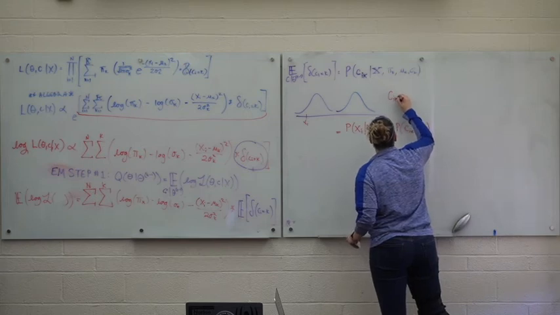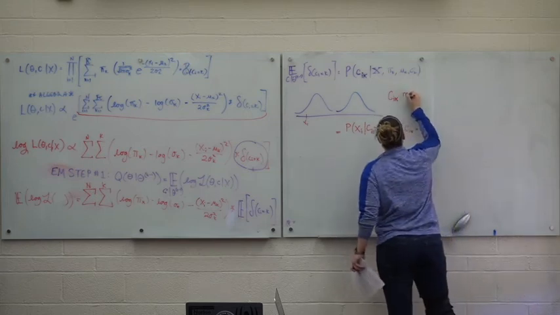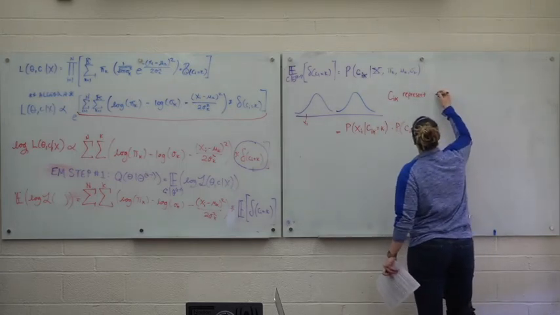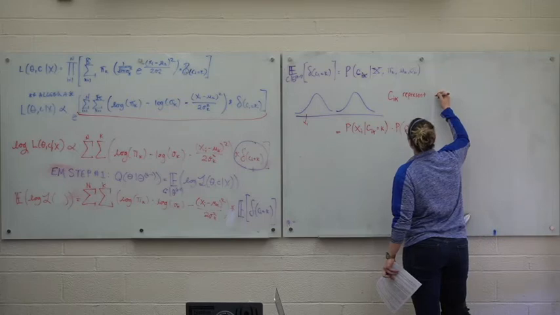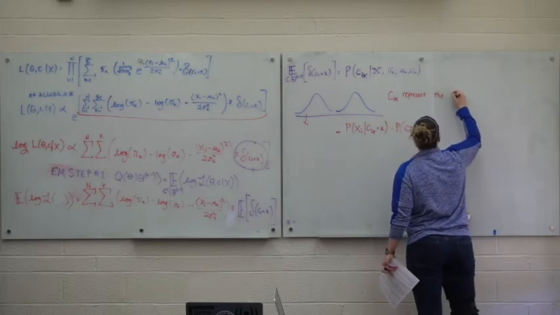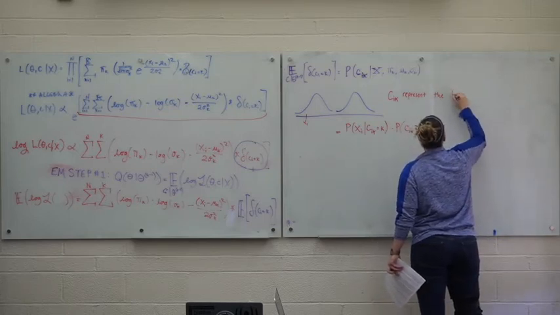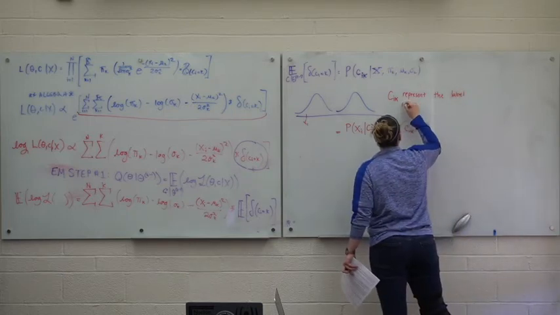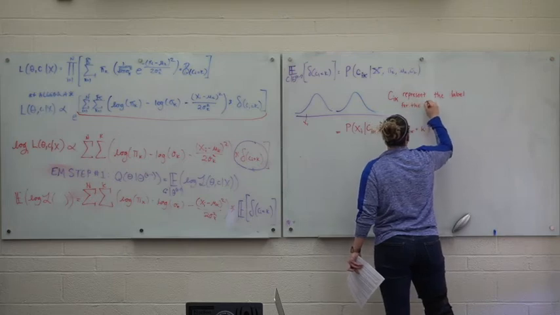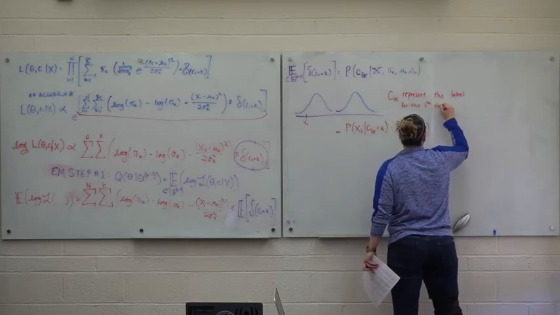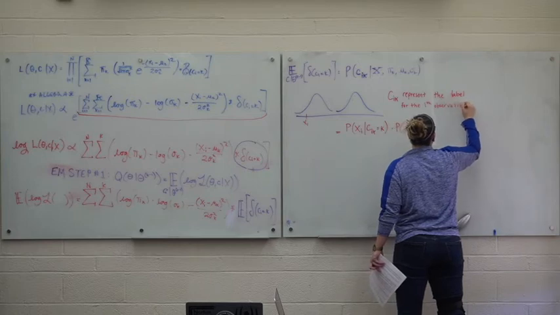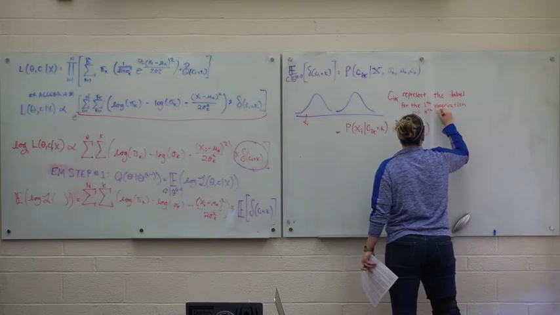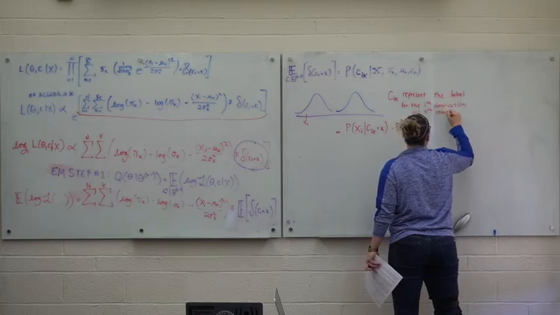Ci k represents the label for the ith observation and kth component.